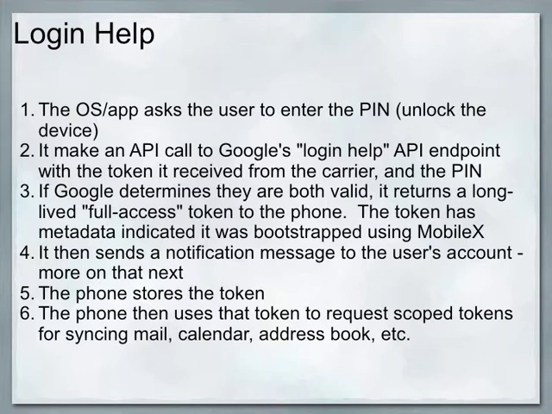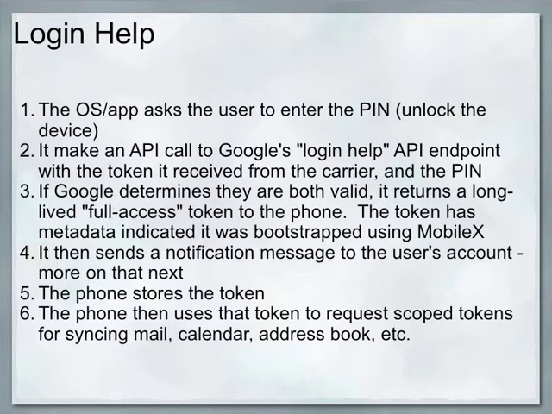When Google receives that information, it would confirm that the two are valid and are associated with the same account. And if so, it would return what we call a full access token, or sometimes a God level token, to the phone. And within that token is just a little bit of metadata that we're going to talk about later that indicates that it was bootstrapped using the MobileX carrier and the device certificate.